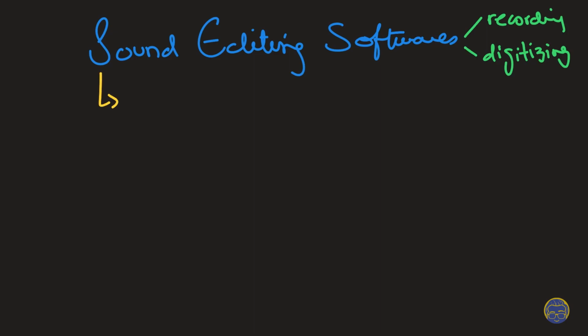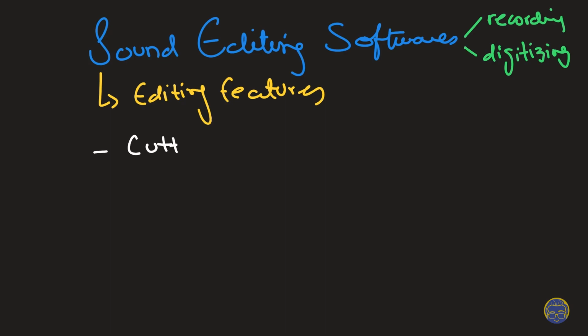There are several editing features that we should know about. The editing features are basically cutting and pasting. We are already aware of what cutting and pasting is. What we do is we cut and paste certain sections of the sound.